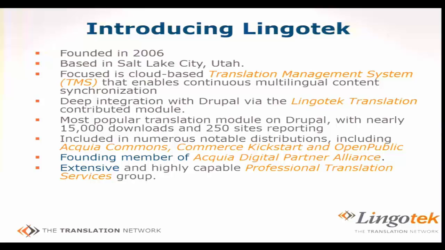We're at something like 14,957 or something. Just under 250 sites reporting. We're in a couple of notable distros that you might recognize, like Aqua Commons. We're a founding member of their Partner Alliance program.